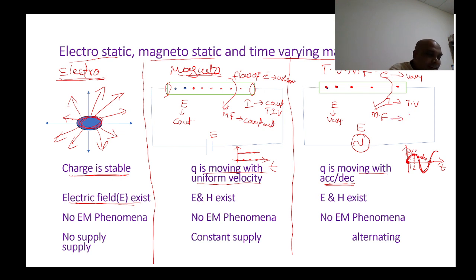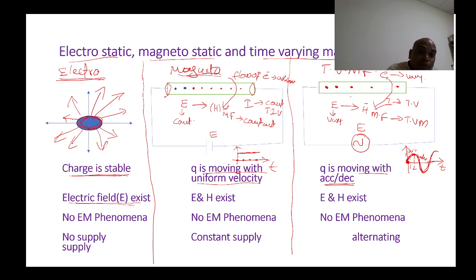Here the magnetic field is time varying. Time varying magnetic field. So due to A, I am getting magnetic field H. Here also due to A, I am getting magnetic field H. So whenever the field is applied on a conductor, what happens? Charge particles are moving uniformly in magnetostatics.